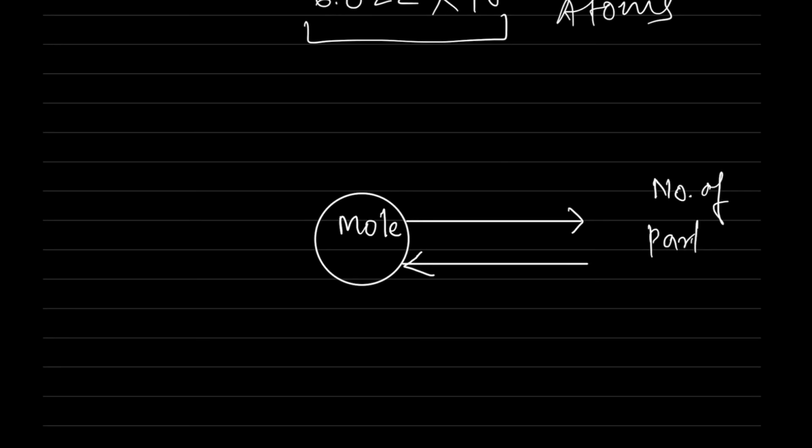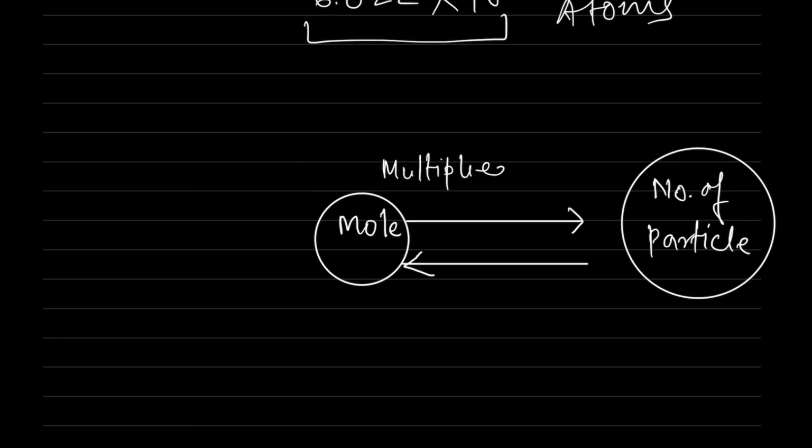If we are going to convert mole into number of particles, we have to multiply this value by the Avogadro number.